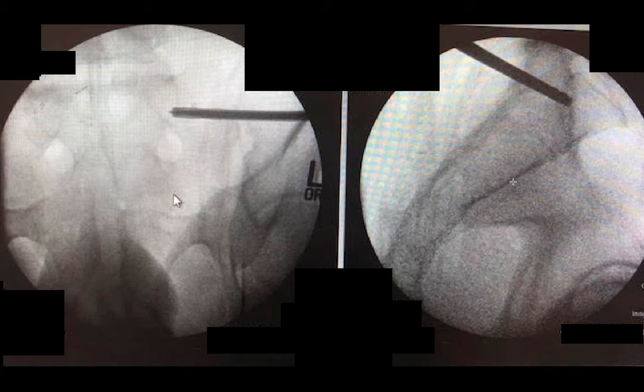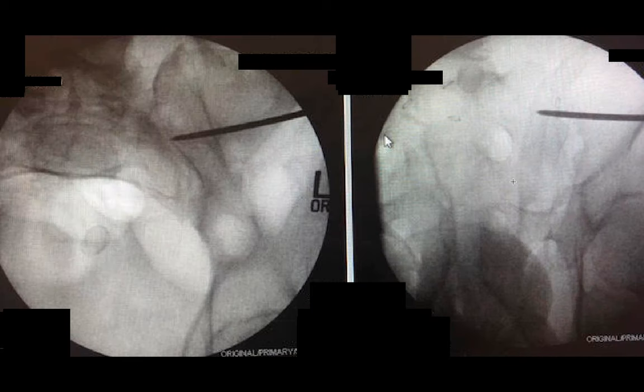Now here's a trick that I was taught by my senior partner, and it involves what happens with these dysmorphic sacra and trying to sound the bone as you enter the dangerous places. So going back here, when you have this guide wire in right at the level of the SI joint, you put your cannulated drill over it, and I use a cannulated T-handle, and you rotate your drill back and forth and back and forth.